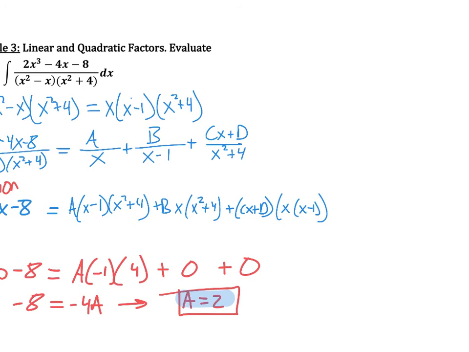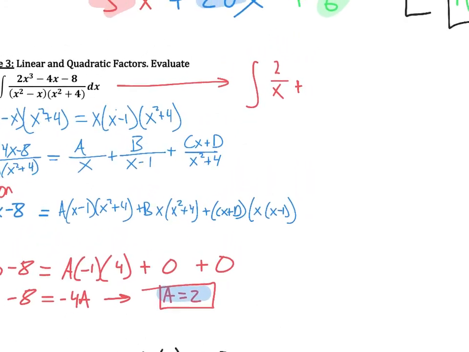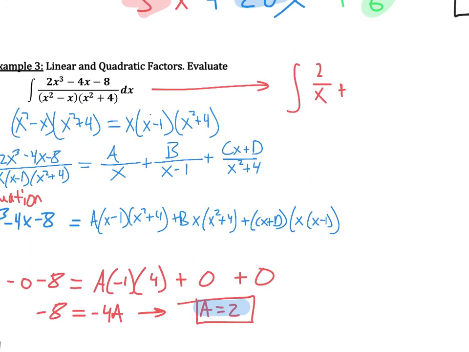So, all right, let's rewrite our expression up here. Let's just come over here and write our integral out. The integral of 2 over x, we're using this form right here, 2 over x, plus b, we said b was negative 2, so really this is a minus 2 here.